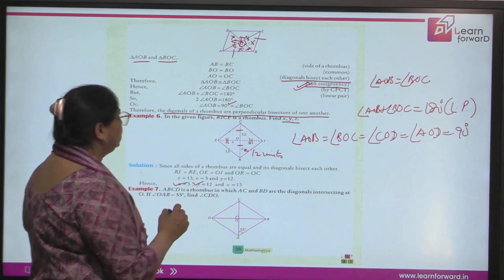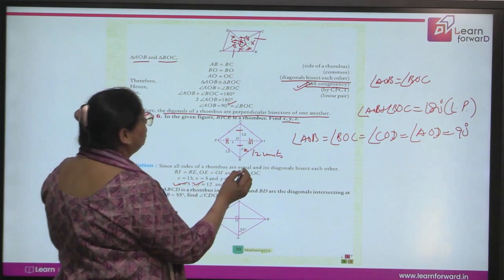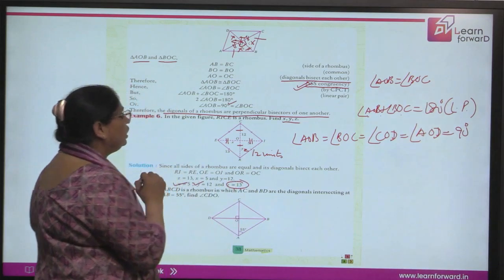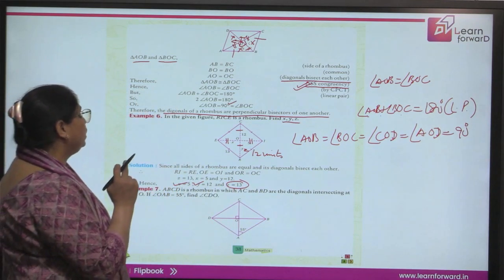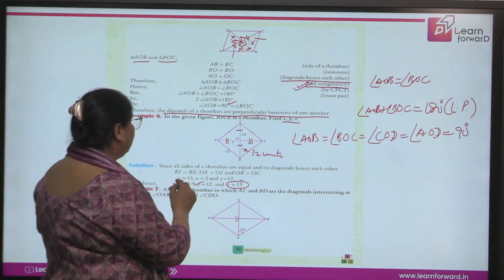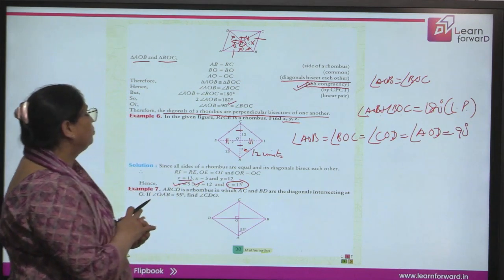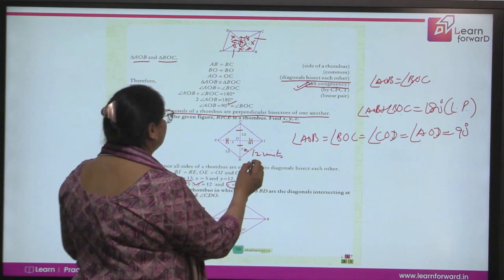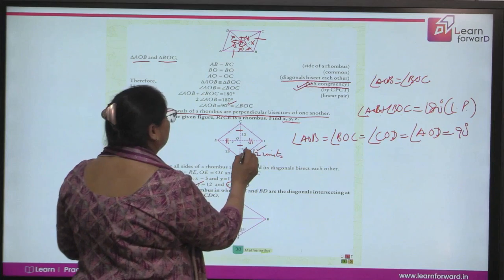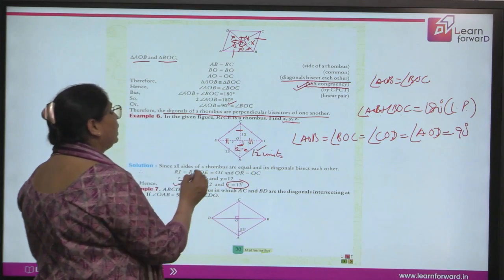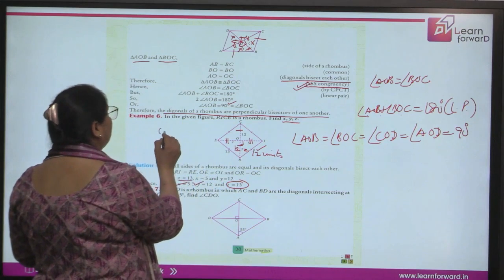And what about Z? Z is 13. Why is it 13? Where is Z? This is Z. This is 5 units. This is 12 units. We know diagonals bisect each other at 90 degrees.